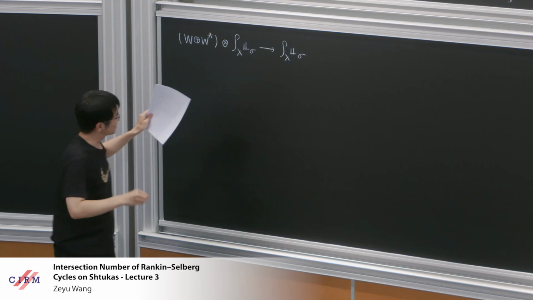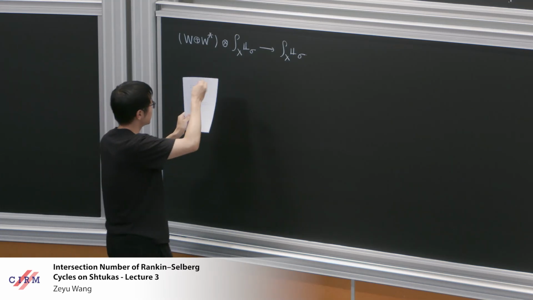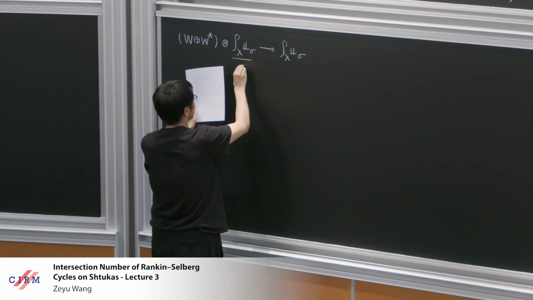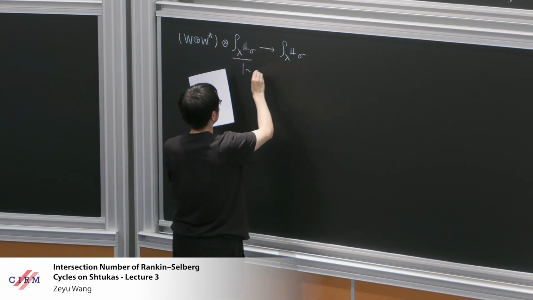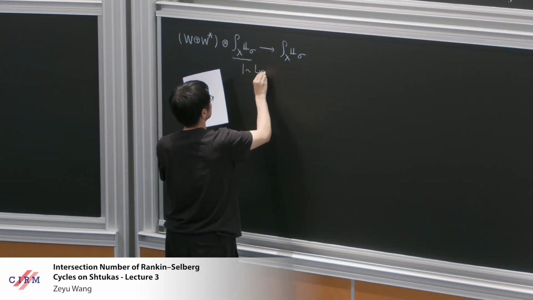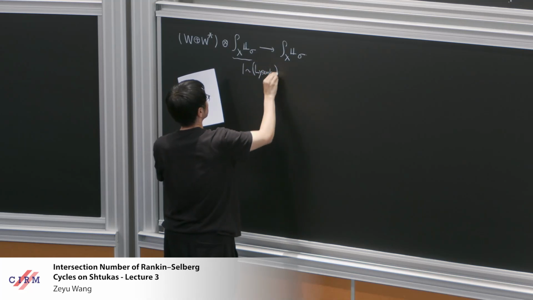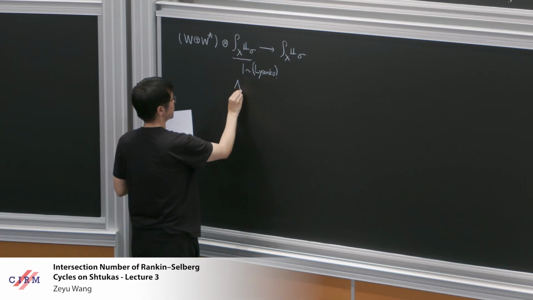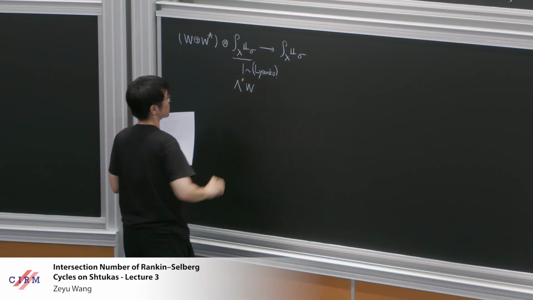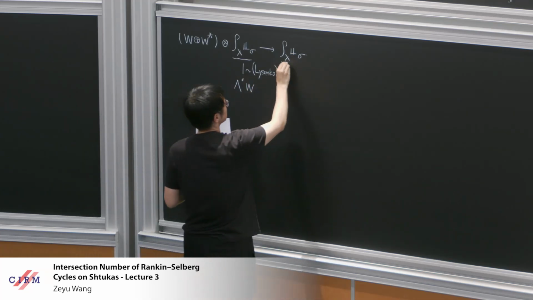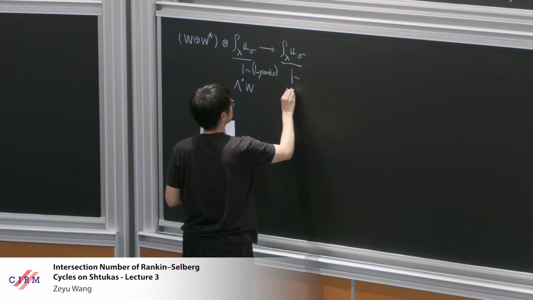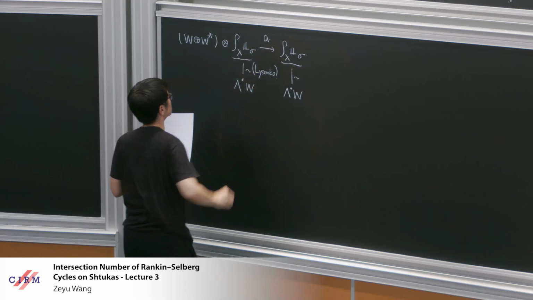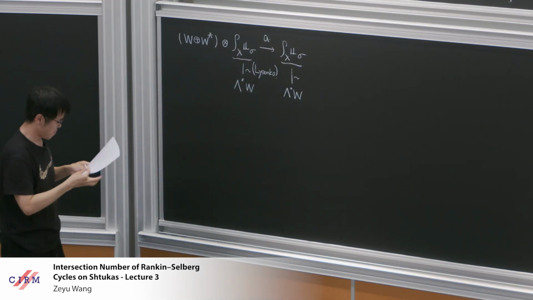But in my first talk, you have already seen this result of Lysenko. He can really compute this thing, and this is just the exterior algebra of W. So you see that A is really such a map.